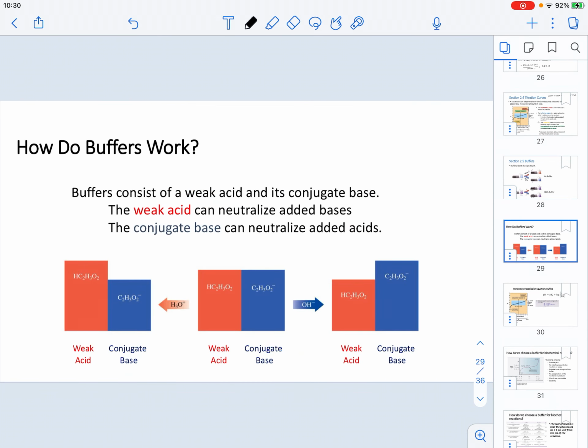Understand that even though there are many types of buffers, the one that is most often used consists of equal amounts of a weak acid and its conjugate base.